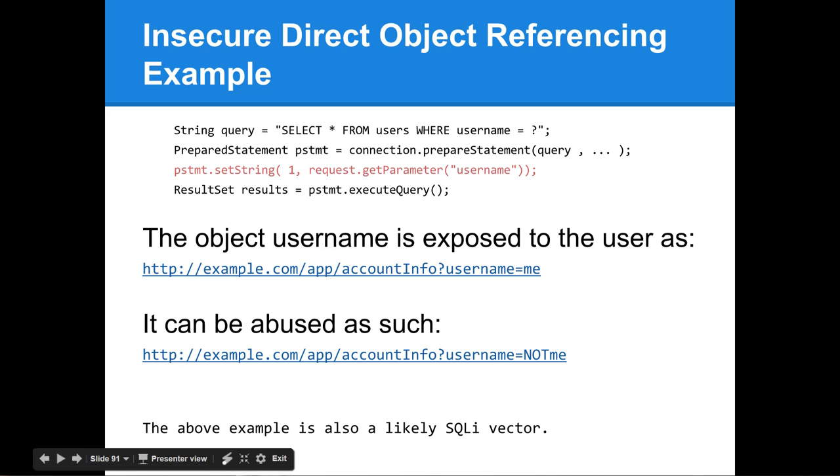So this one example falls into multiple categories, but the specific aspect of it that makes it insecure direct object referencing is the exposure of the username property here, which directly maps to the username property in the users table of the database.